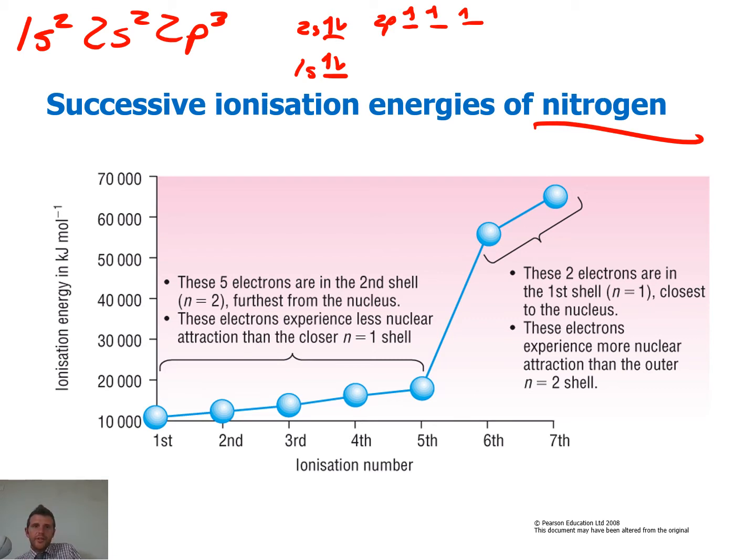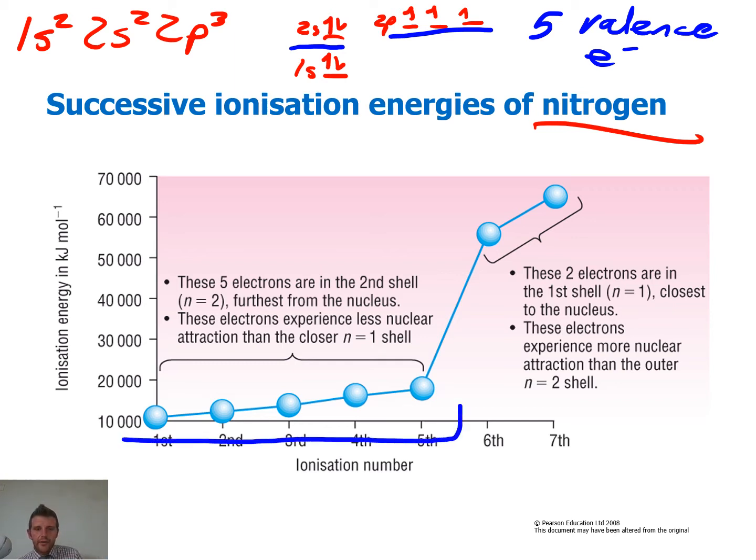What's important to see here is that on the second energy level for nitrogen, there are 5 valence electrons. So there are 5 total electrons in the second energy level. And when we start to do the ionization energies of nitrogen, we saw this pattern here, where the first 5 were less difficult to remove than the 6th one.